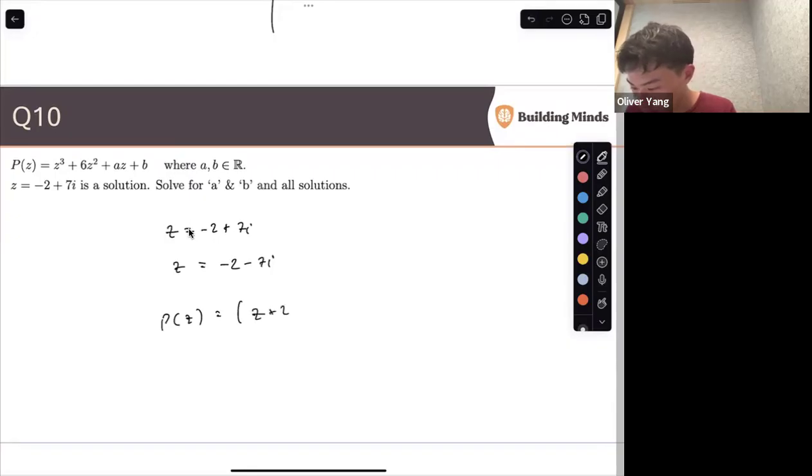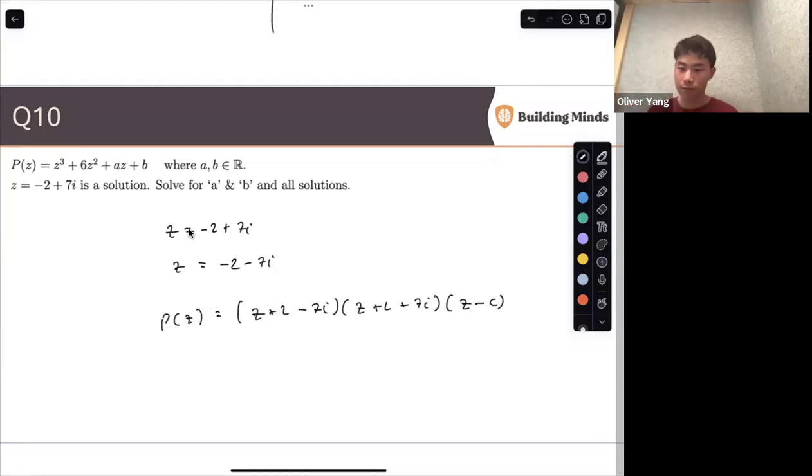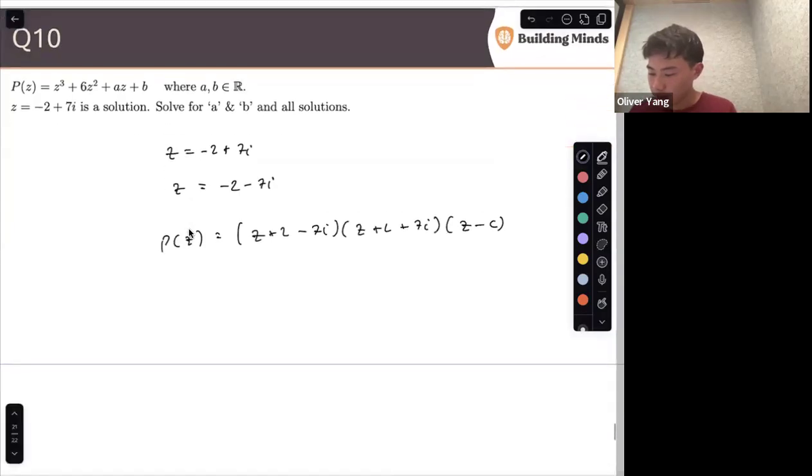Z plus 2 minus 7i, Z plus 2 plus 7i, times Z minus A. Oh, Z minus C. Let's do Z minus C. All right, that's the form that we have. So we can expand it.